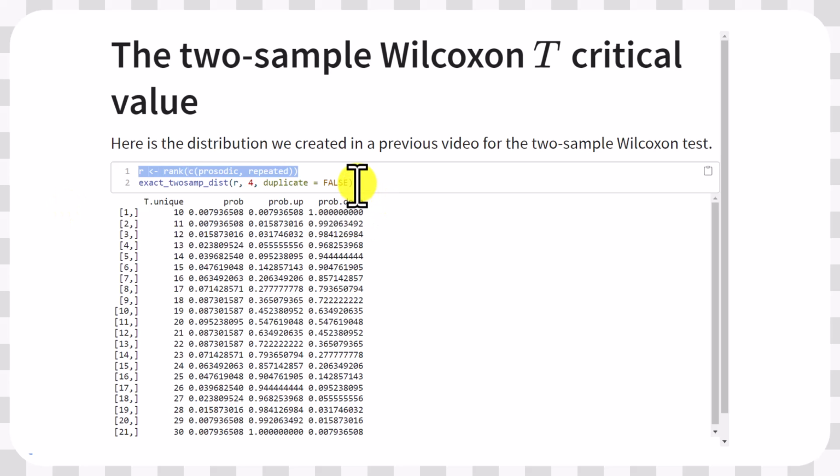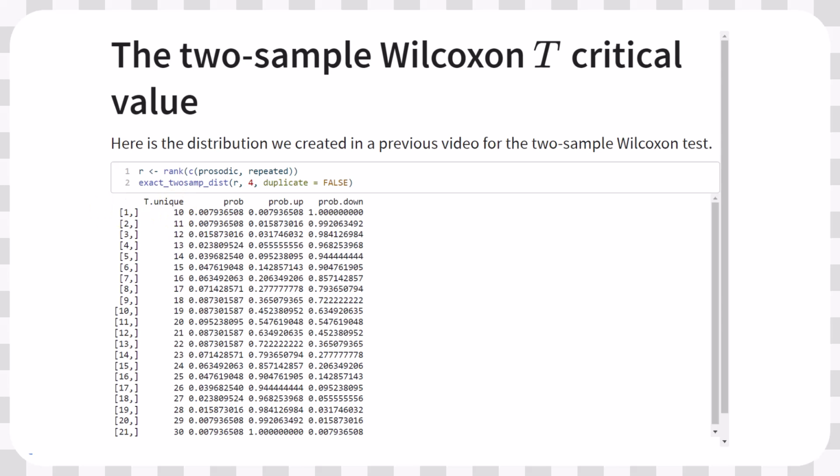Then I'm going to look at all the possible combinations of what t could be as the sum of ranks in the prosodic condition, which only had 4 values in it. So I'm using the prosodic condition as the smallest condition and then calculating up the values of t. Here are all the unique values of t we can get, starting with 10.